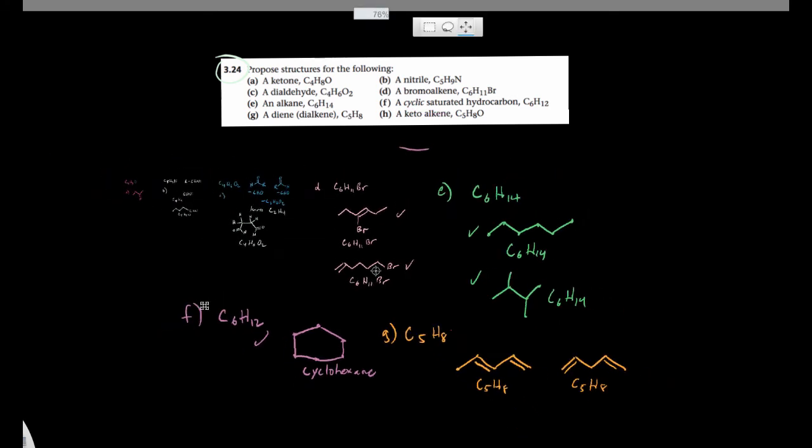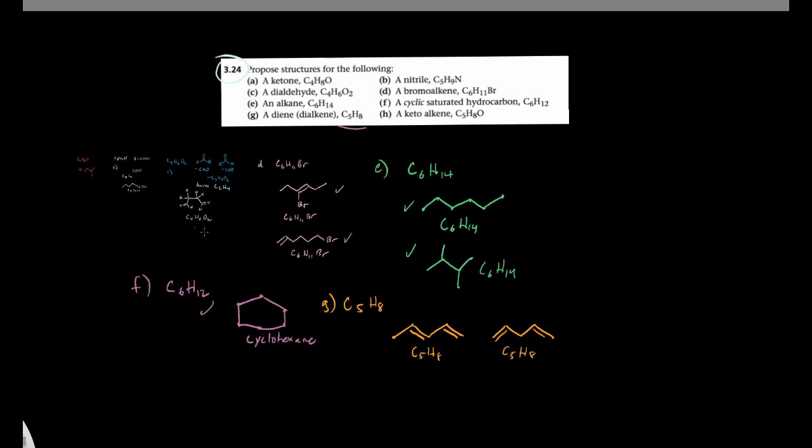And finally, a ketoalkene, so H, C5H8O. A ketoalkene. That means there's a ketone in it somewhere with R groups. I'll say R and R prime, meaning they don't have to be the same. And it has a double bond in it somewhere too.